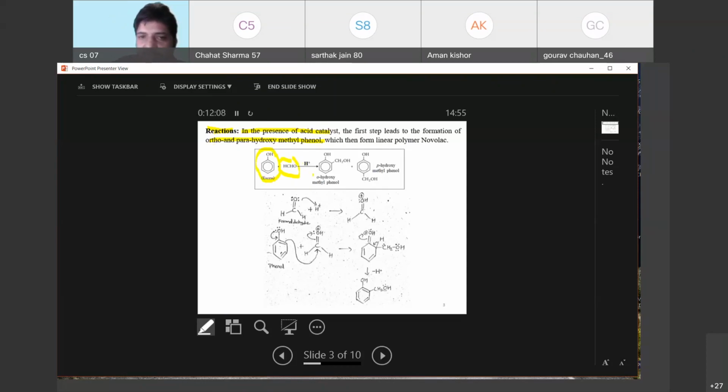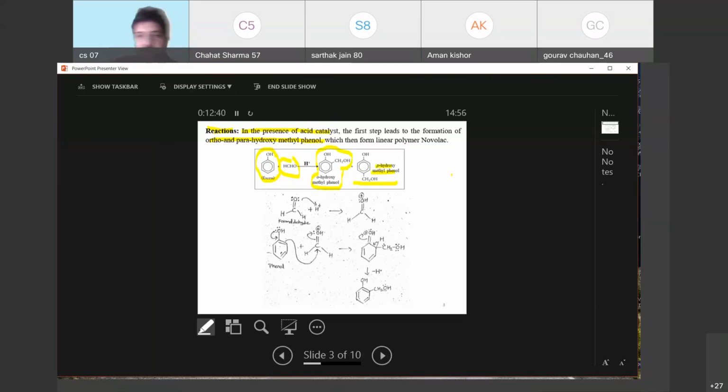In the presence of acid, first we have the formation of ortho and para hydroxymethylphenols. We will have the formation of ortho hydroxymethylphenol, or a second isomer of this compound, para hydroxymethylphenol.